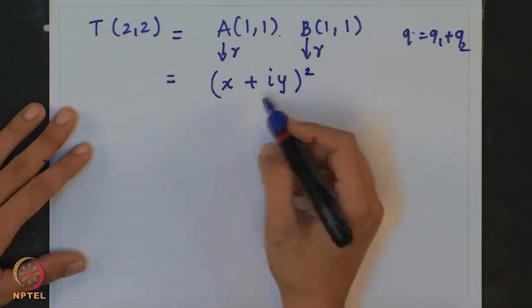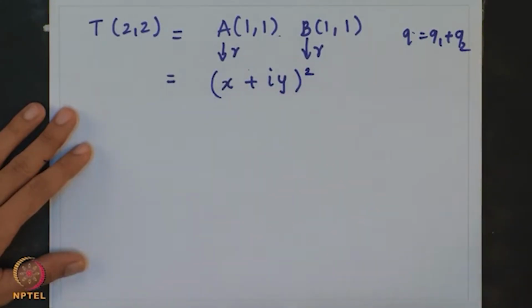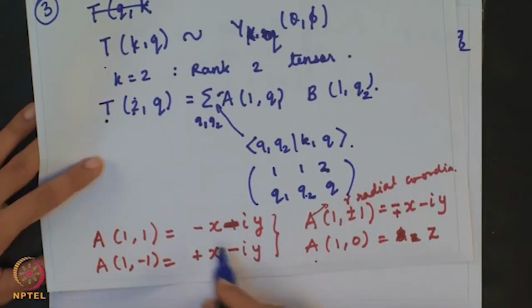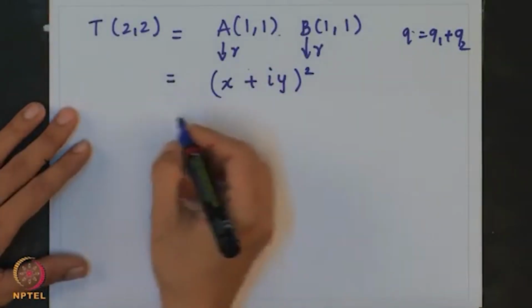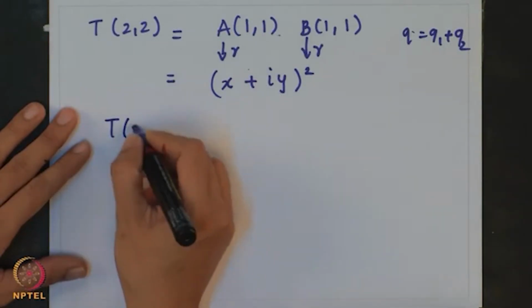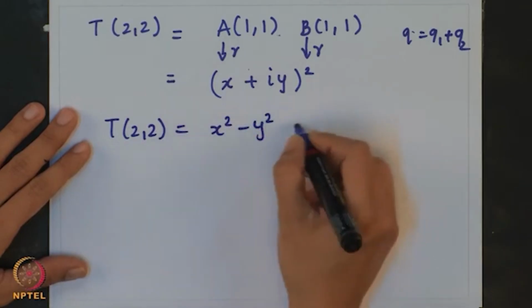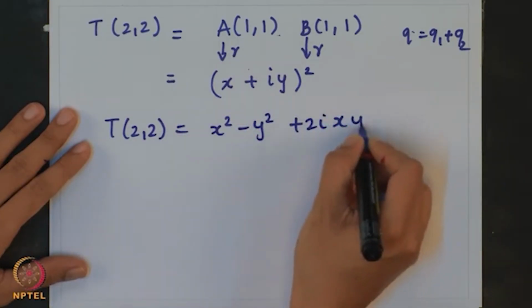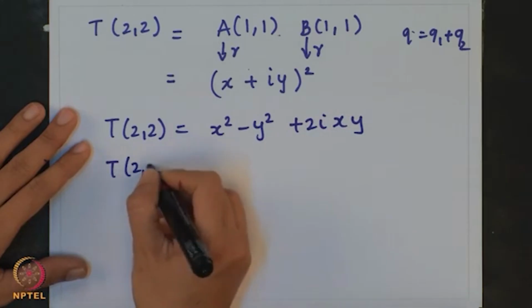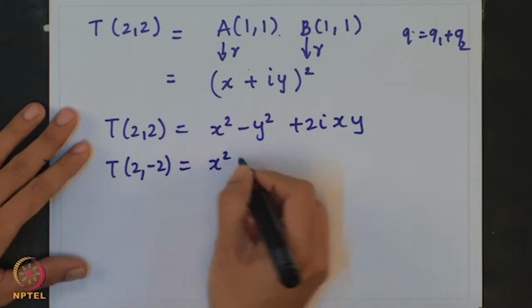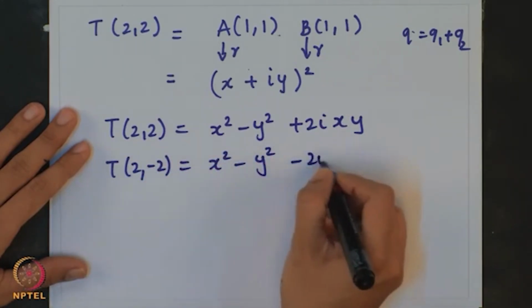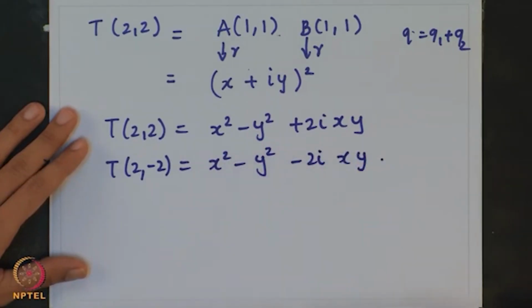So I will have x plus iy into x plus iy, correct. This will be minus x minus iy. When I square it, I get x plus iy the whole square. Now, you know we can write this 2 comma 2 as x square minus y square plus 2i xy, and similarly 2 minus 2 is written as x square minus y square minus 2i xy.